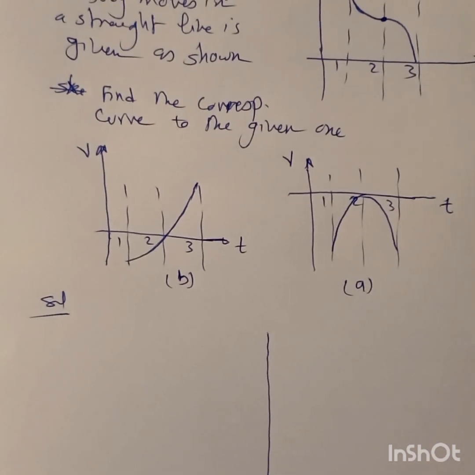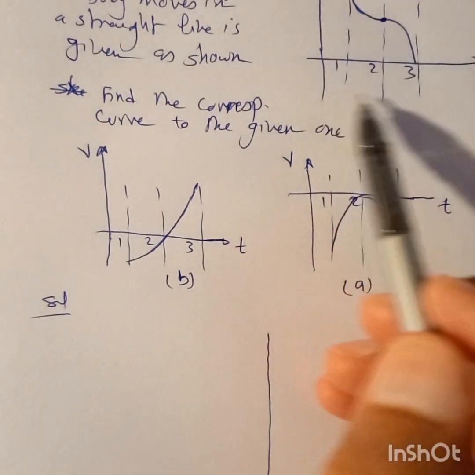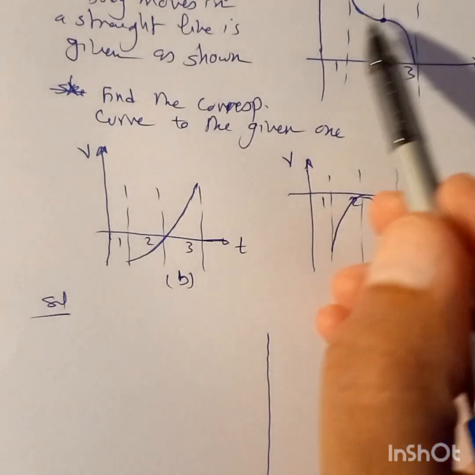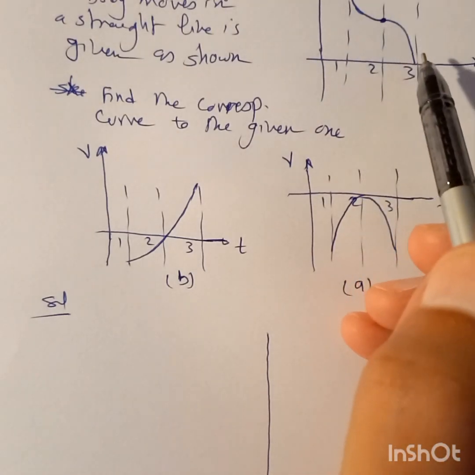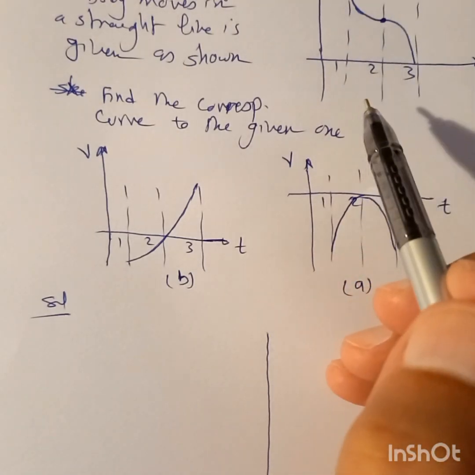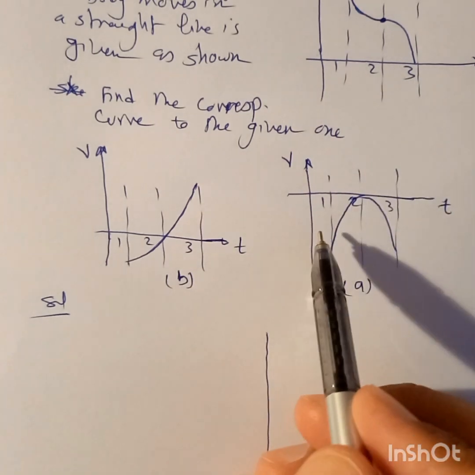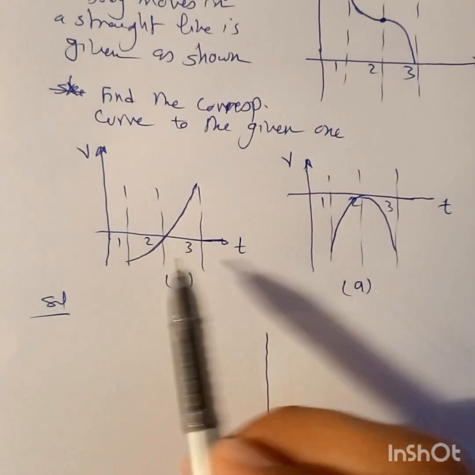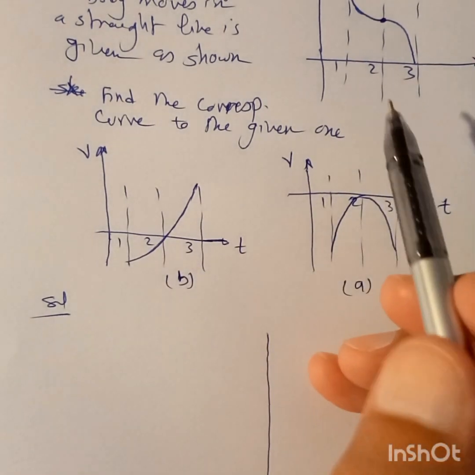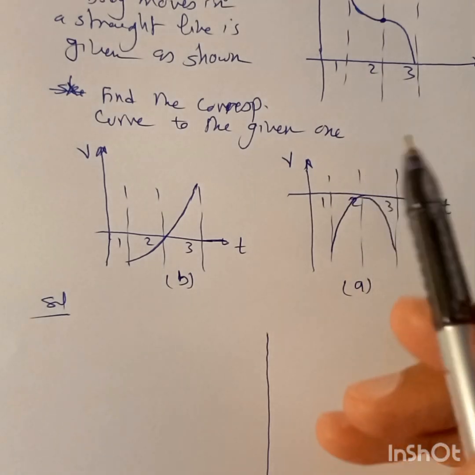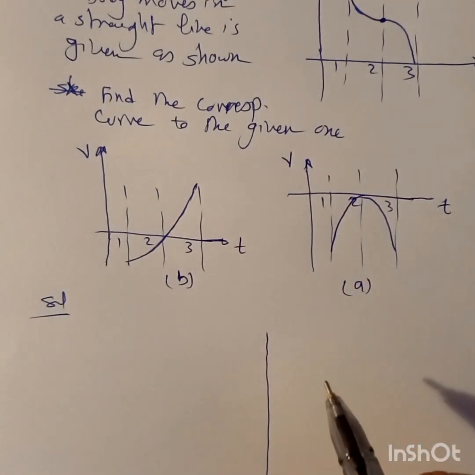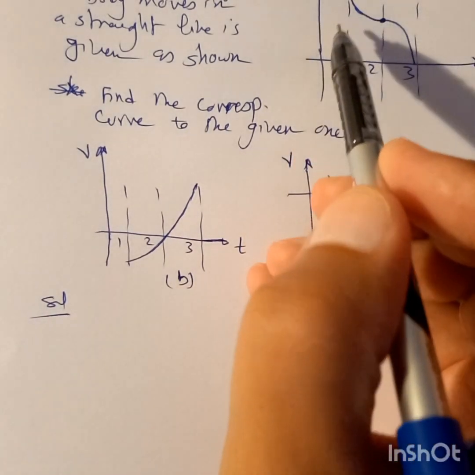First, we need to study the direction of motion and the accelerating or decelerating types of this motion. Then we check again with this one and this one, and decide which two are matching.